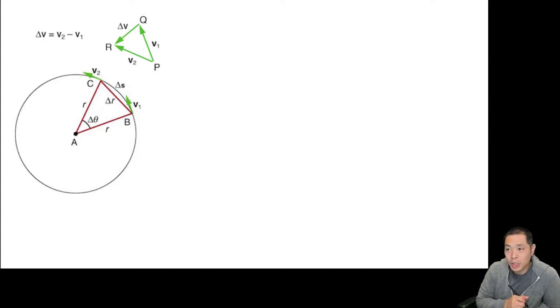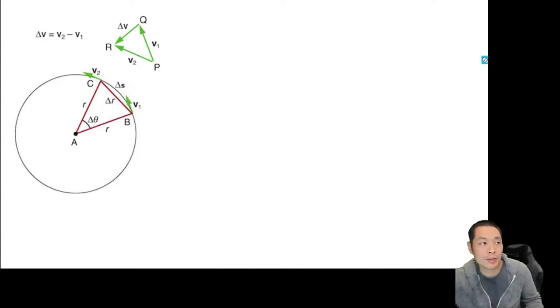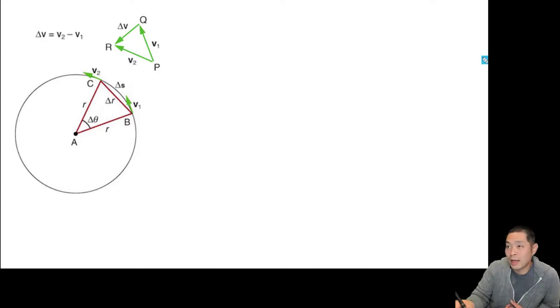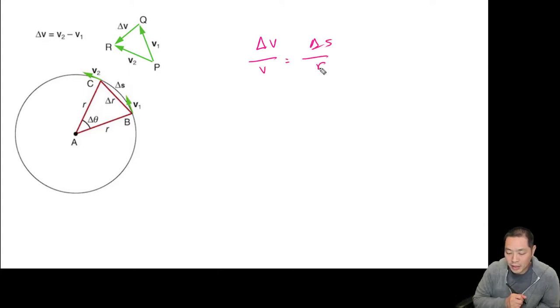And then what they want to show you is that you have two triangles, and these two triangles are much more similar than you think. So eventually, change in V over V is equal to change in S over R. The reason is that these angles are very similar as we get very close together.